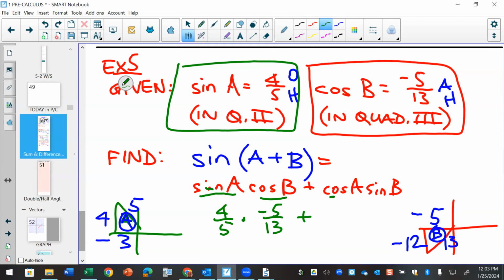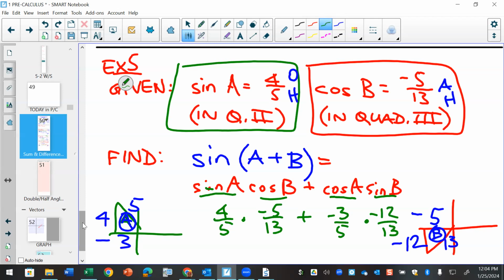What's cosine over there on picture A? Gotta be -3/5. And then sine over here on B. -12 over 13.